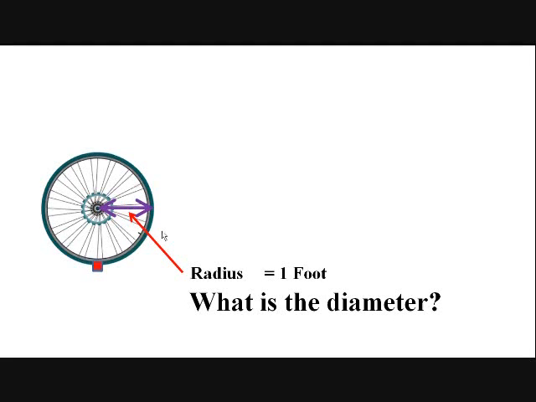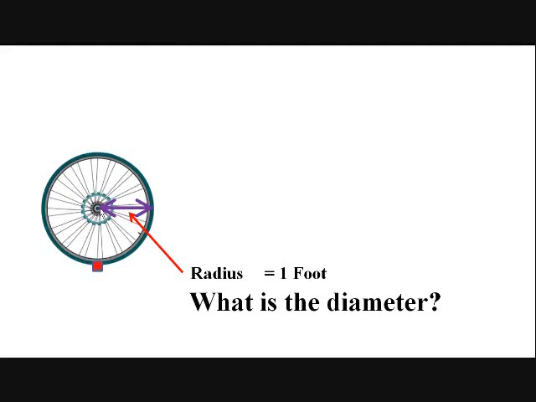Okay, remember how I said before that the radius is the distance from the center of the circle to any point on the circle. It's like a ray going from the center to the outside of the circle. So what I notice here is I've drawn a radius that goes from the center straight across to the right. And that radius is 1 foot.